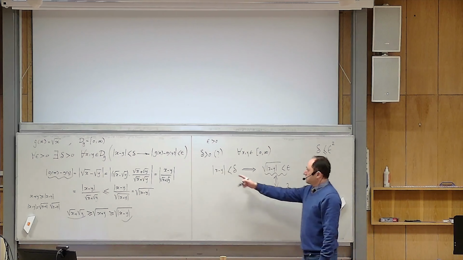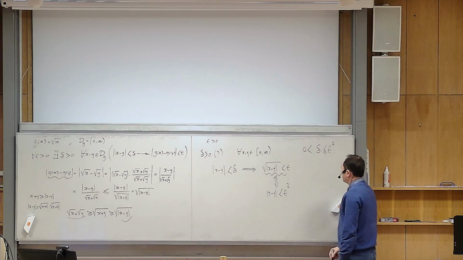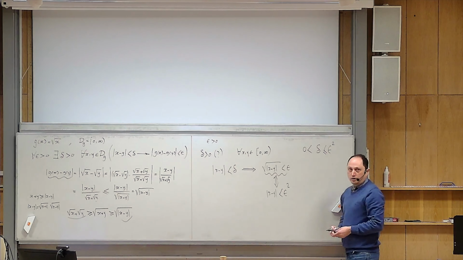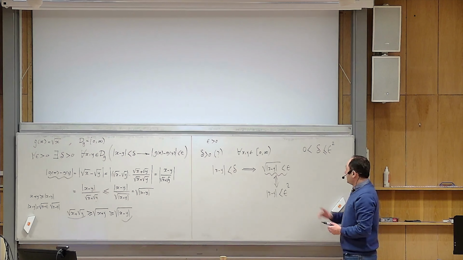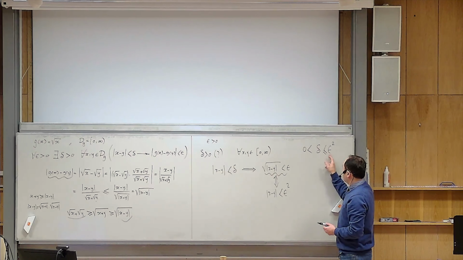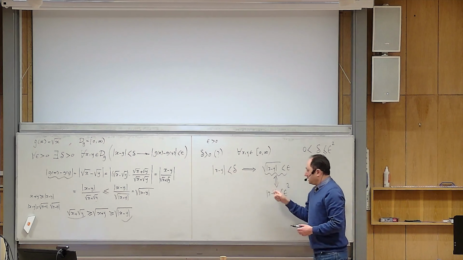But of course, because I want to have delta positive, this should also be positive. So any delta within this range will work for me. If I choose delta somewhere between 0 and at most epsilon squared, then this guarantees that one.